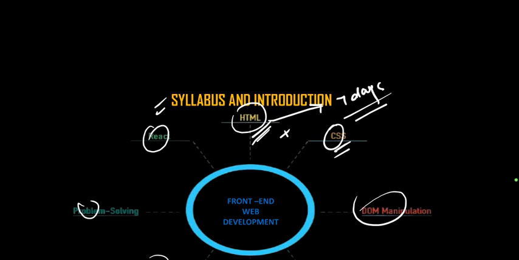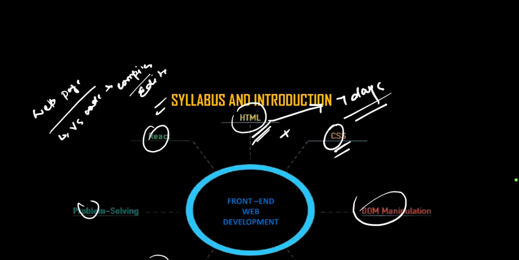And for this web development, means web page creation, you require one thing: VS Code. We use it as a compiler area, or we can say a code editor, which is enough, right?